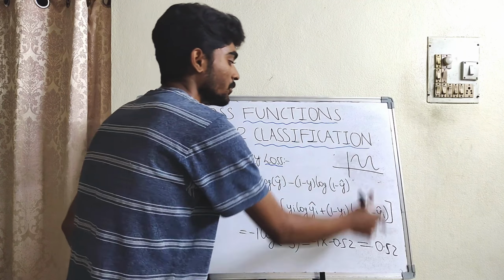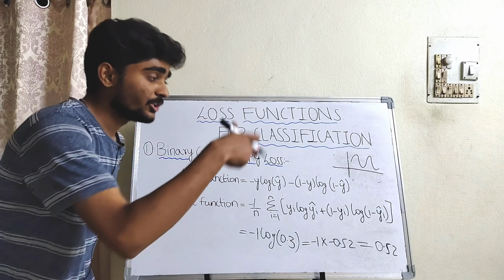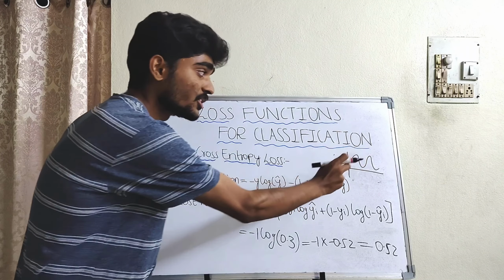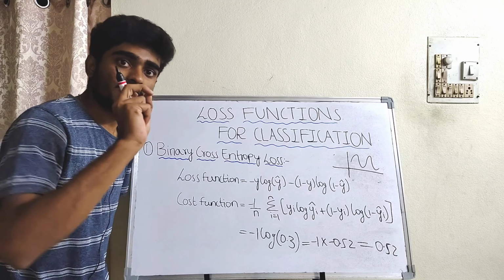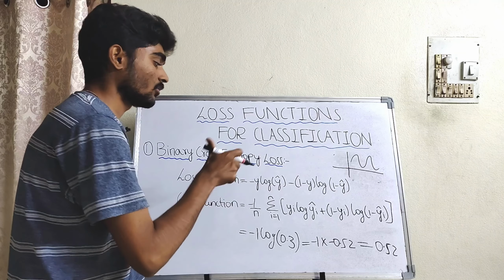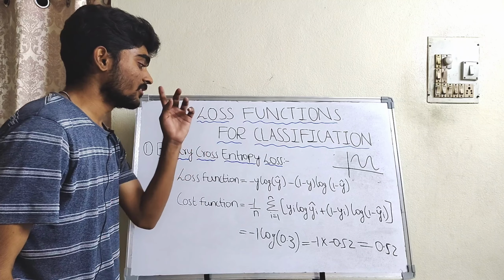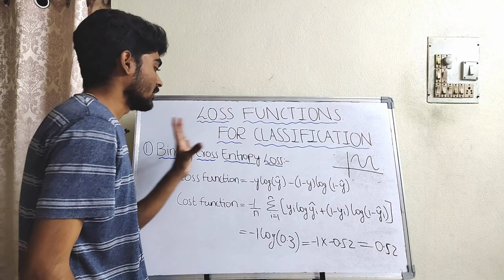It has multiple local minima in it, but it is a continuous graph. When the graph is continuous, it is differentiable. So binary cross entropy loss is differentiable. This is the best advantage of binary cross entropy loss.